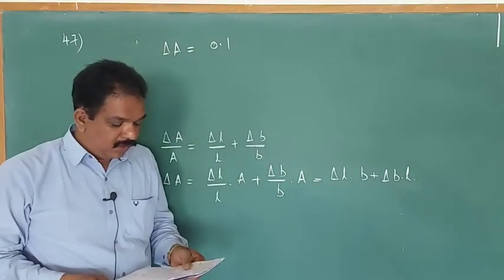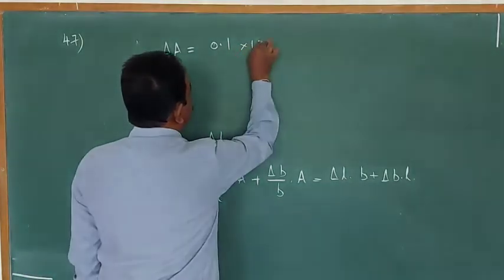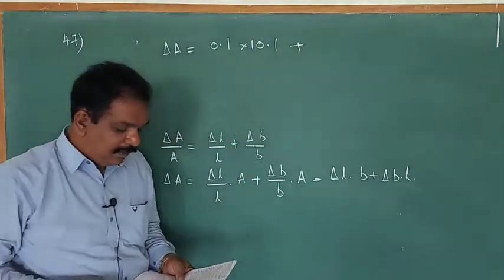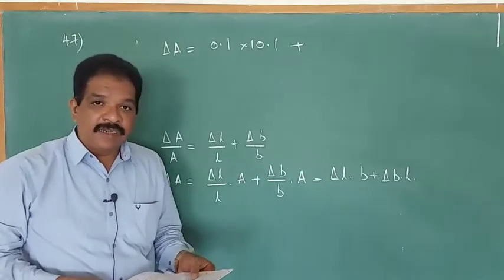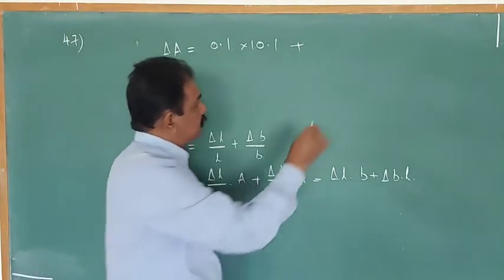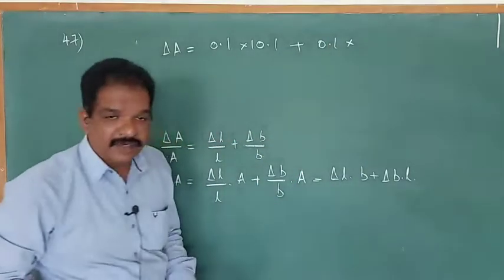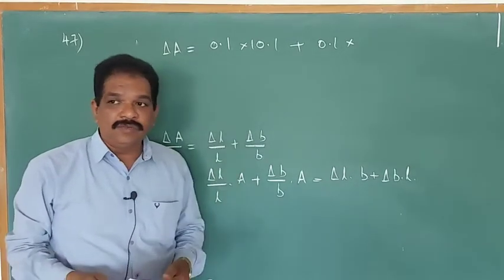The breadth value they gave is 10.1, plus delta B, if we consider, that is also 10.1, meaning the error will be 0.1. Understanding? Here length 16.2 is there.